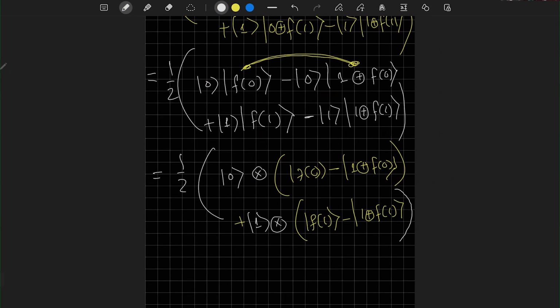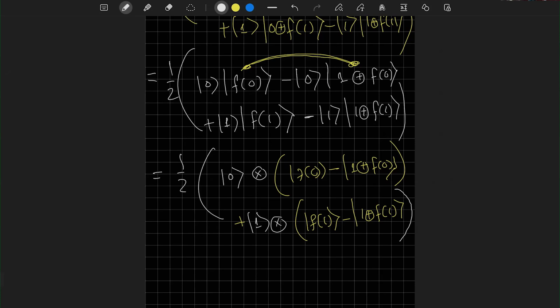Now let's look at this term. If f of 0 is 0, this is ket 0 minus ket 1. If f of 0 is 1, this is ket 1 minus ket 0. So this is 0 minus 1 or 1 minus 0.